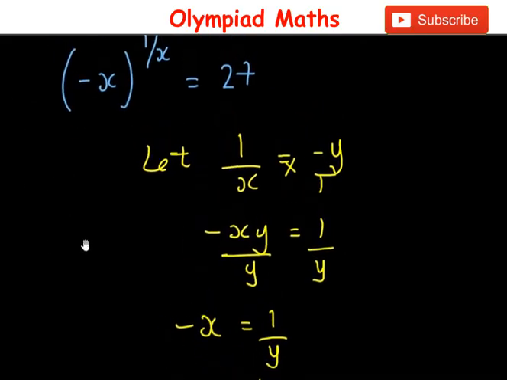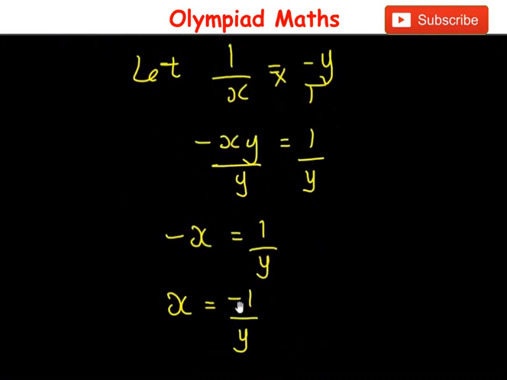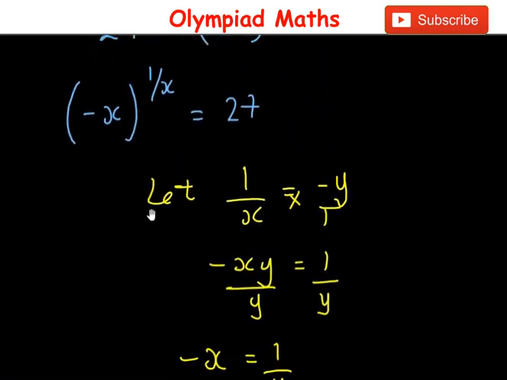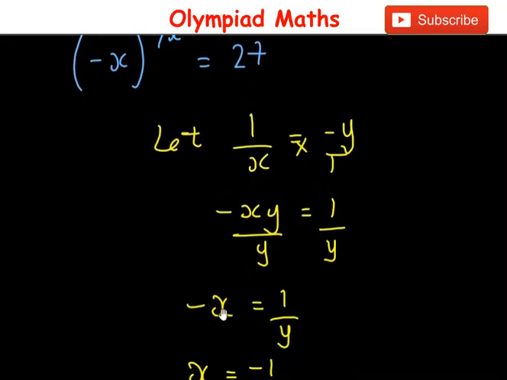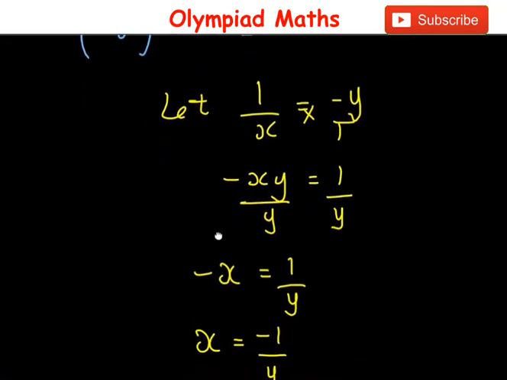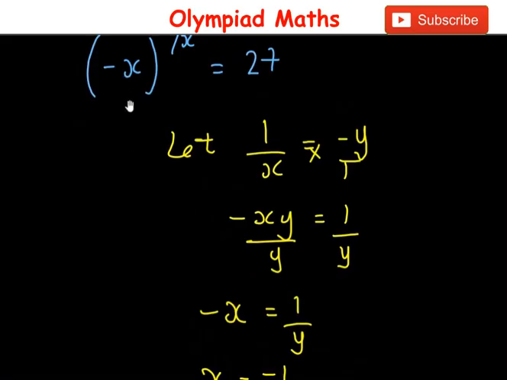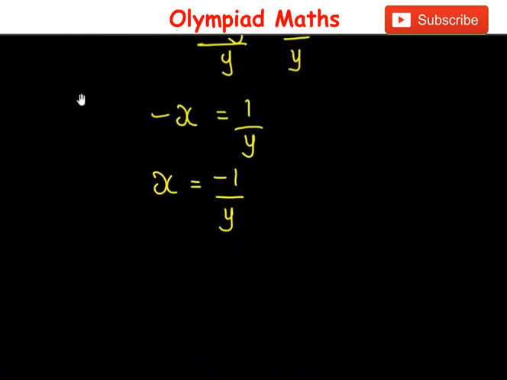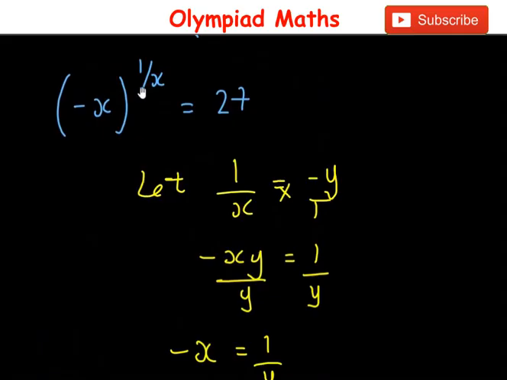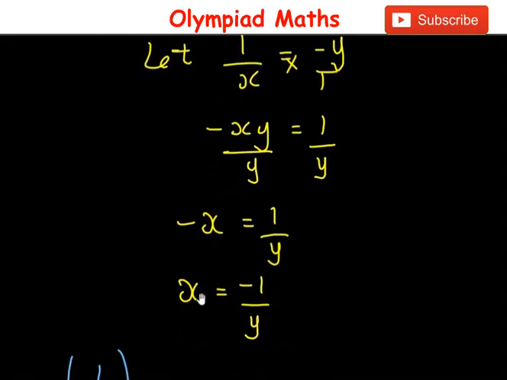Then we're going to input this value of x as minus 1 over y into this, and also the value of minus x as 1 over y into this also. So for the value of minus x, we have 1 over y. Write down in brackets 1 over y, then all raised to power 1 over x, and x is minus 1 over y.